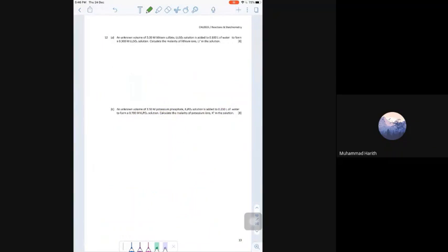So question number 12. 12A. Simple, right? We have 5 molar lithium sulfate added to 1.6 liters of water. We don't know the volume of this 5 molar lithium sulfate. Let's say X liters of lithium sulfate with a concentration of 5 molar is then added to 160 ml of water.